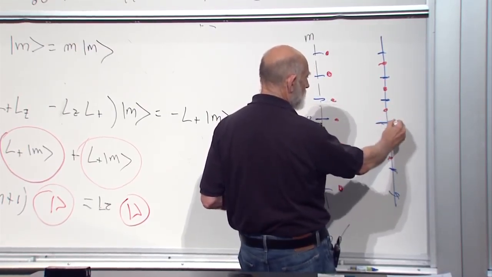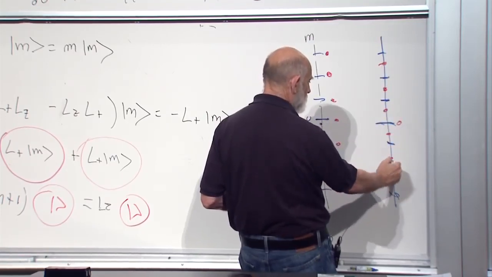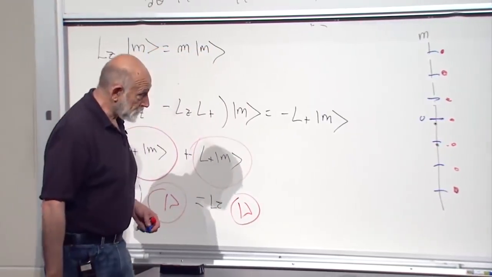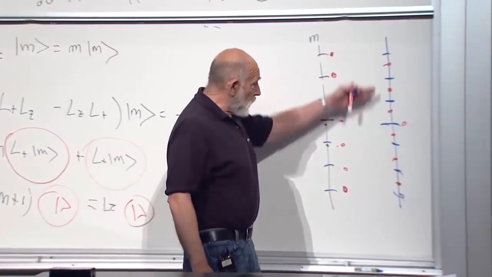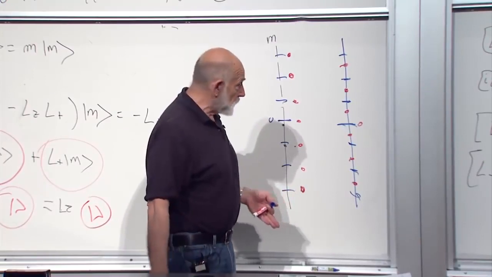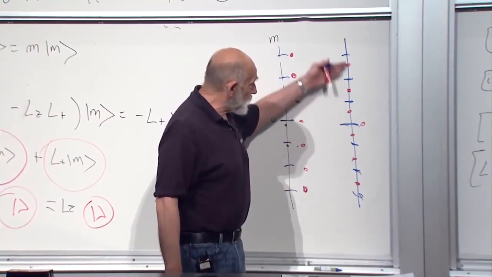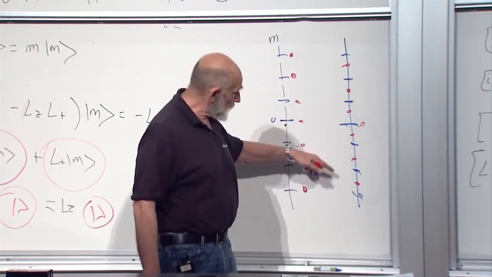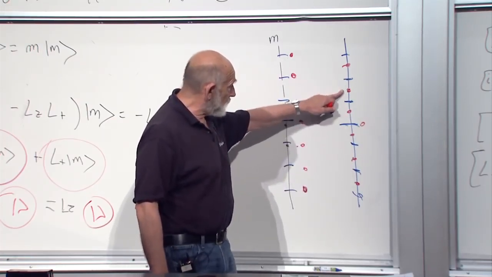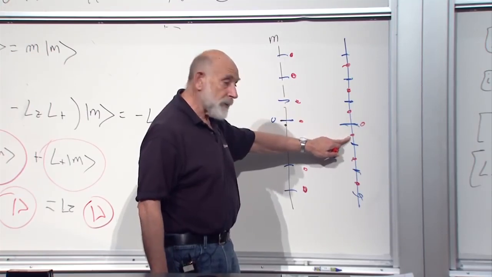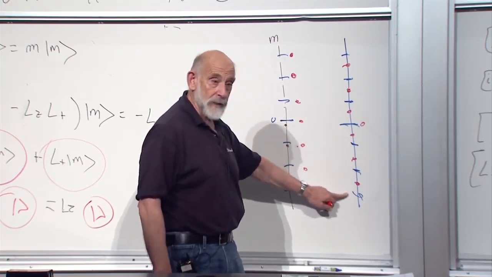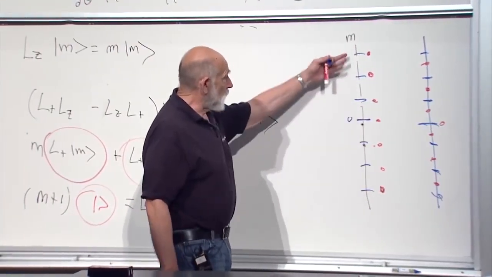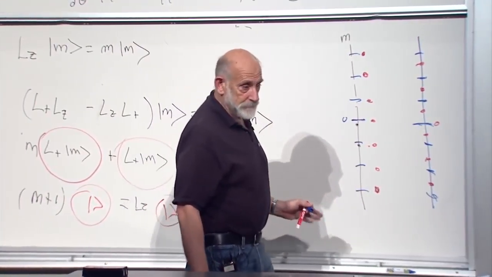And it's also symmetrically placed about the origin. In this spectrum over here, the values of the z component of the angular momentum are half integers. Half integer, 3 halves, 5 halves, minus a half, minus 3 halves, minus 5 halves, ending somewhere. Or the other possibility is the integer spectrum.